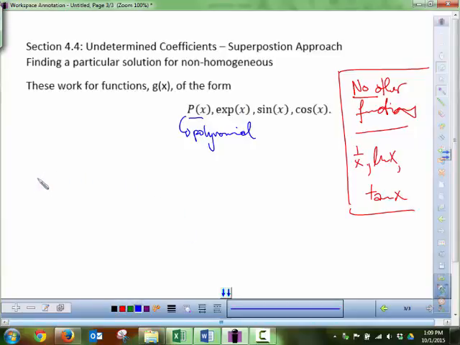So remember, if you have a set of fundamental solutions, remember that the fundamental solutions come from the homogeneous equation.